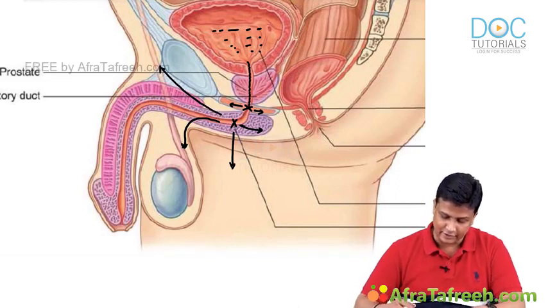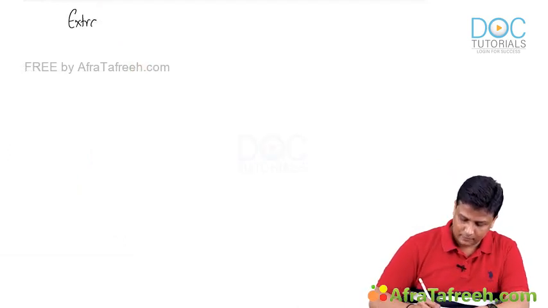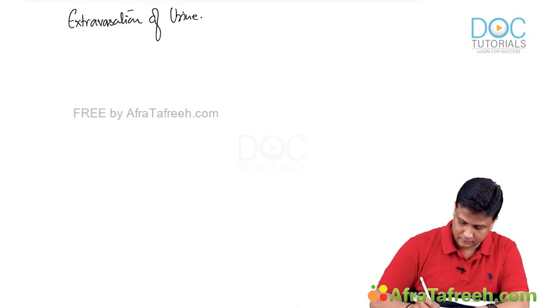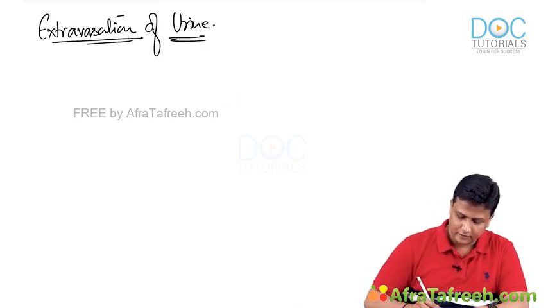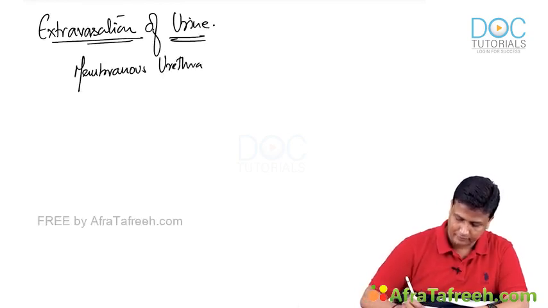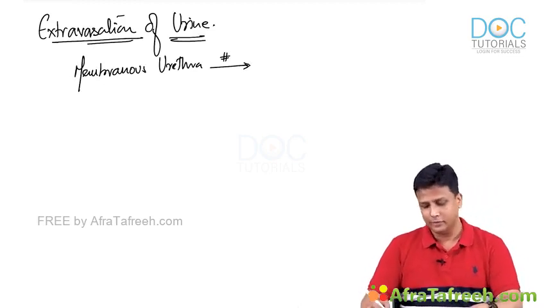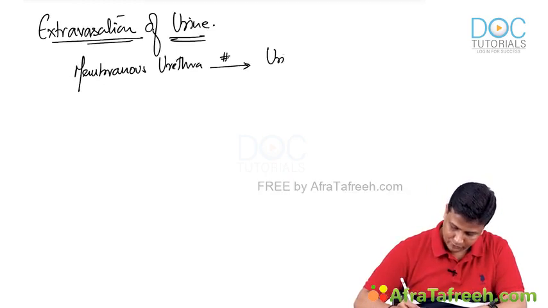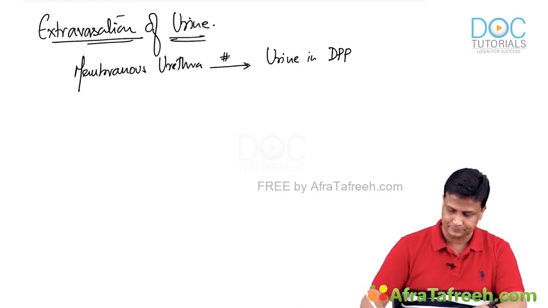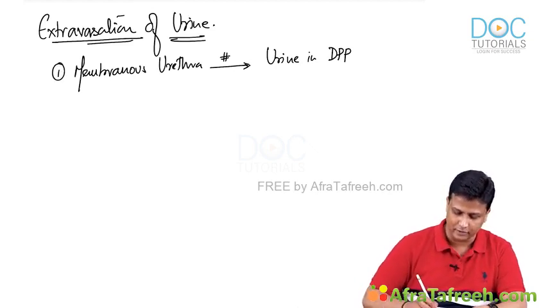So let's just write that and finish it off. Extravasation of urine. First thing, if there is a rupture of the membranous urethra, then you'll be able to see the urine extravasating out only in the deep perineal pouch. So urine in the deep perineal pouch. Condition number 1.